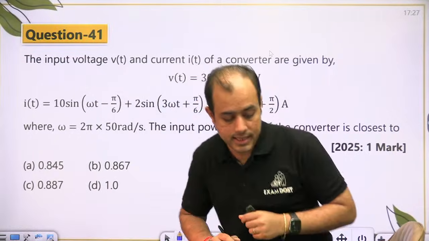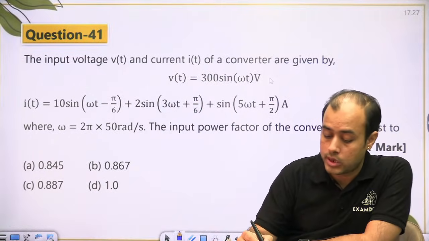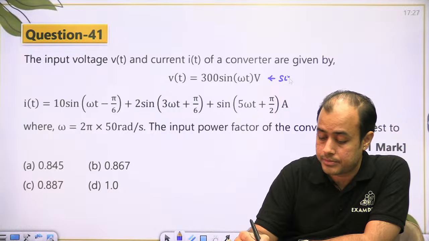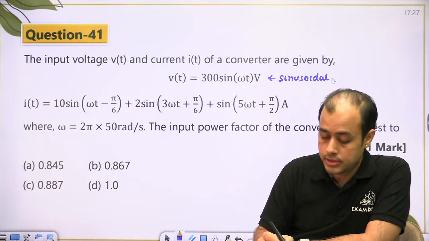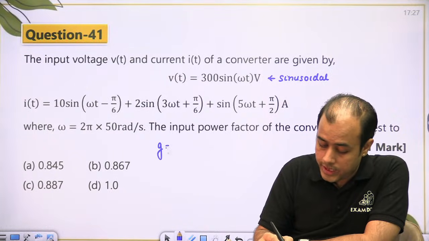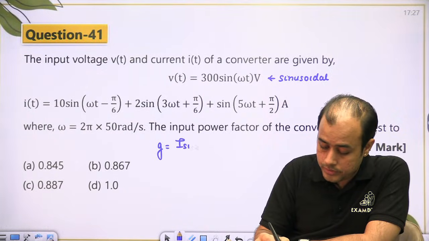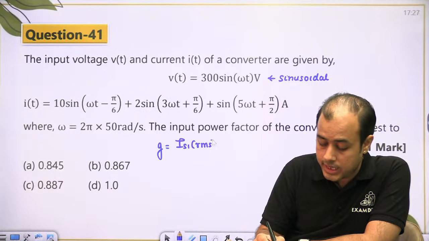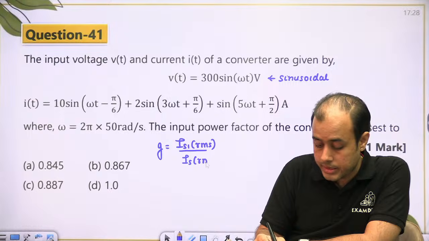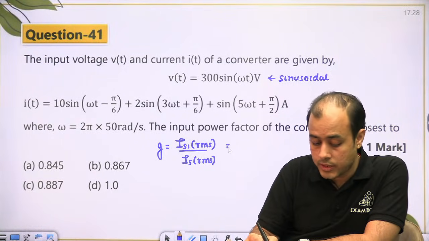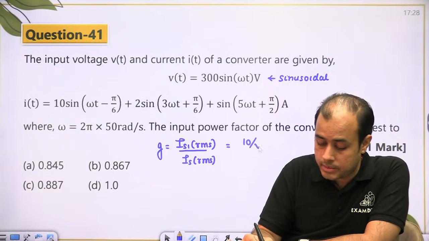Now see this beta. Again my voltage is sinusoidal. So I will try to find G, fundamental RMS current by total RMS. What is fundamental RMS? Simply 10 by root 2.